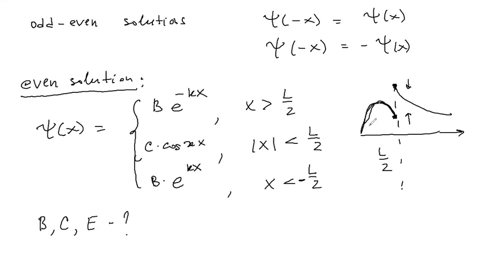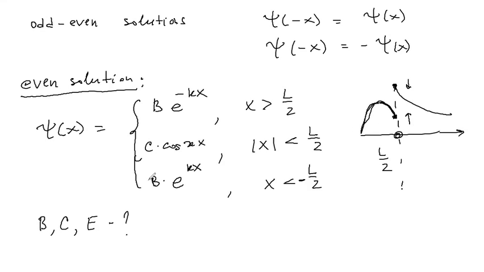I would like to have a smooth function. So then the coefficients B and C should be adjusted in such a way that I have no jumps, no discontinuities. And if I can do this at one point, like L over 2, the other point, x equals minus L over 2, will be done by default because it's a symmetric solution, yeah? Your left side is a reflection of your right side. So I have to do this only on one side.